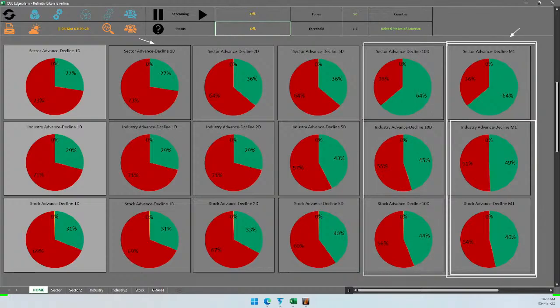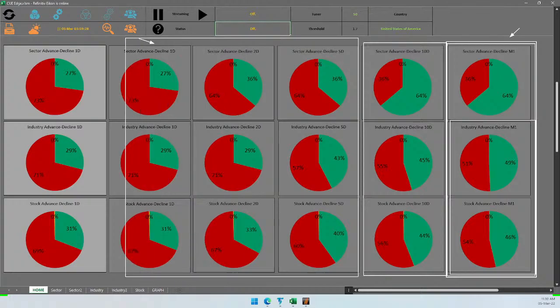10-day period, we may say neutral. We may decide either way depending on whether we are looking at sector or industry stock. Let's say 10 days and 1 month, both are neutral. Then we see bearishness increasing from 5-day to 2 days to 1 day Friday.